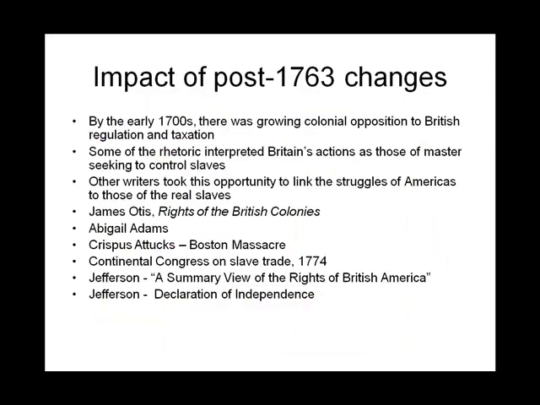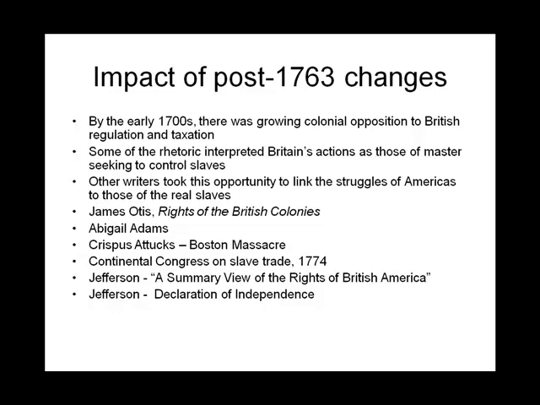Now, almost immediately after they passed this new ordinance, the American colonists began to challenge it. By the early 1770s, there's growing opposition to the British regulation and taxation. They will not pay these taxes.